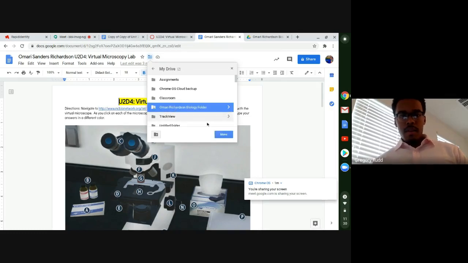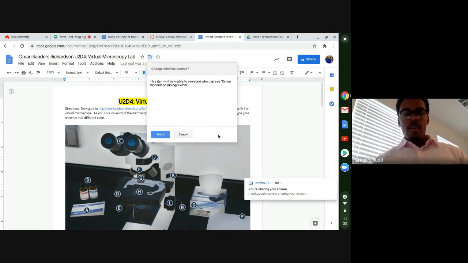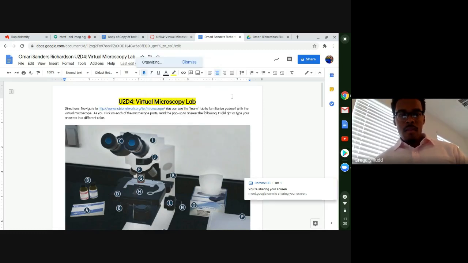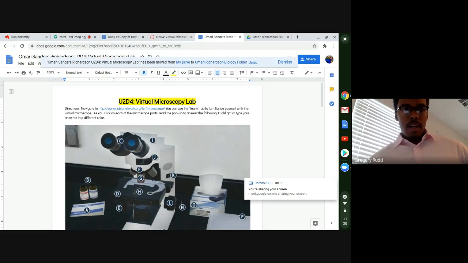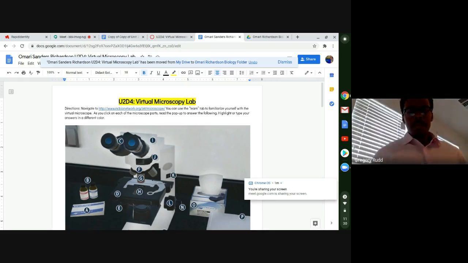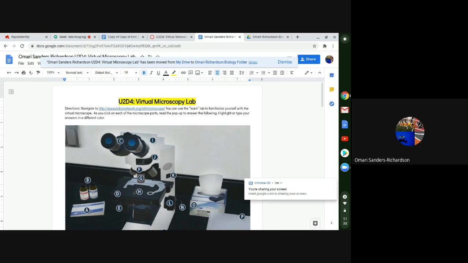Now you just click on that arrow first. Okay, that's good. Click Move. All right, let me make sure I have access to it. Yep, it's there. Okay. Thank you.